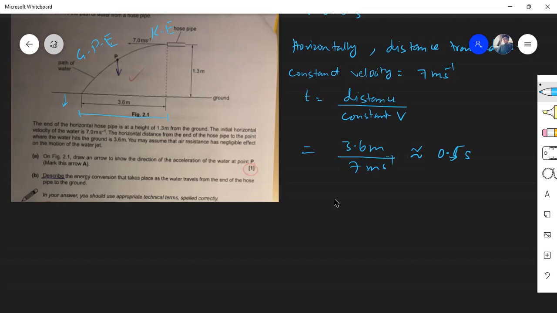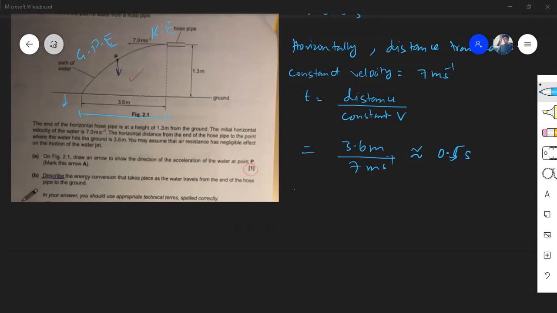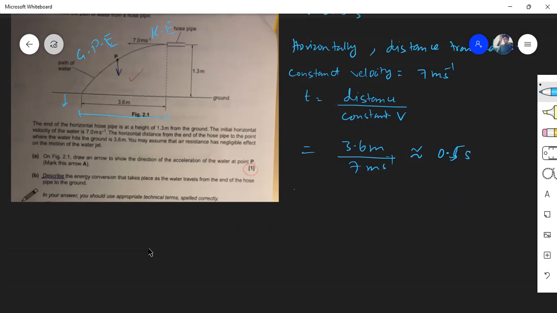Okay, so now moving on to the next part, which is to show that the speed of water when it hits the ground is 8.6 meters per second. To find the speed of water, we need to find the magnitude of the velocity when the water is reaching the ground.